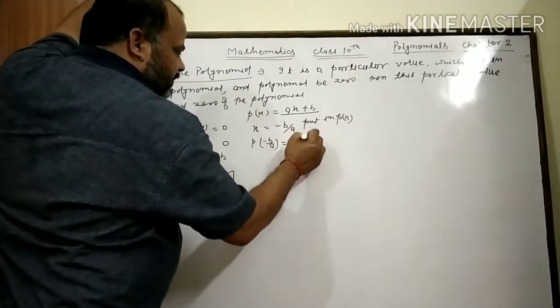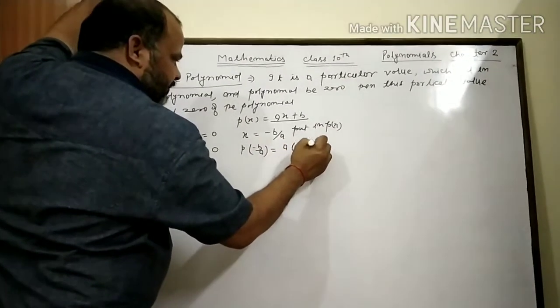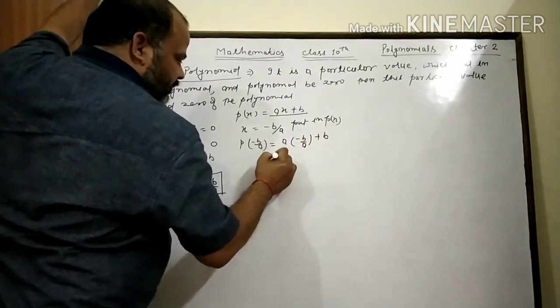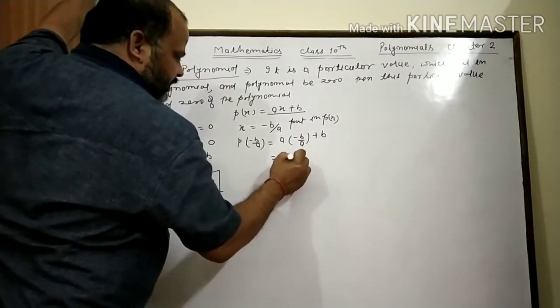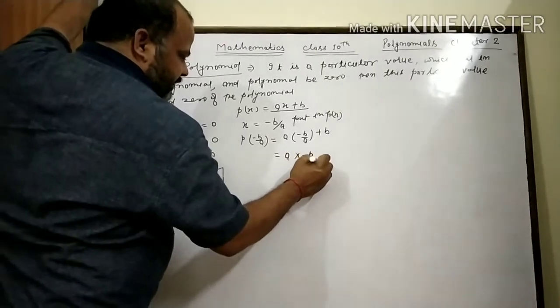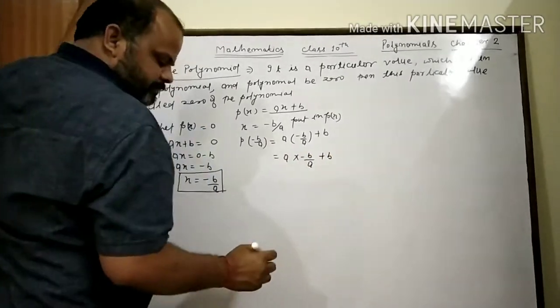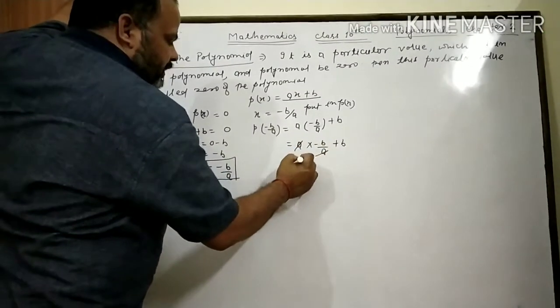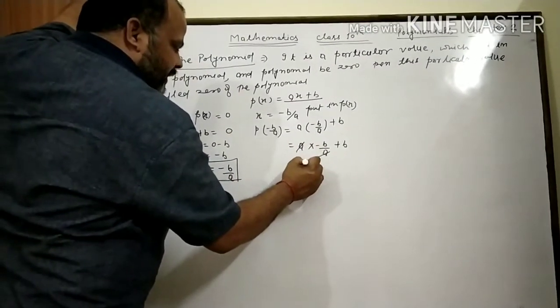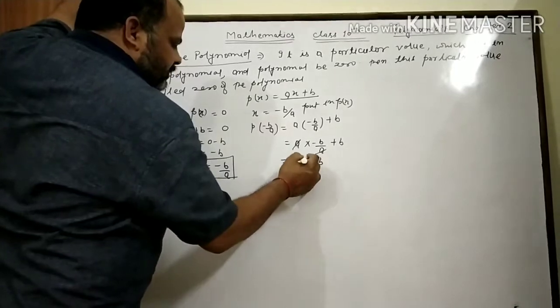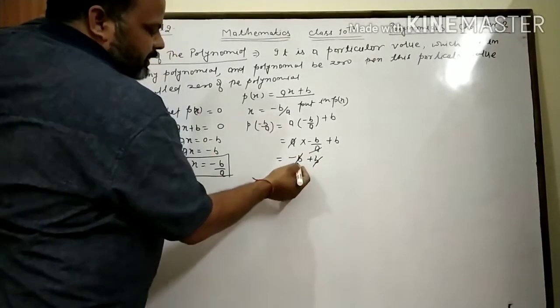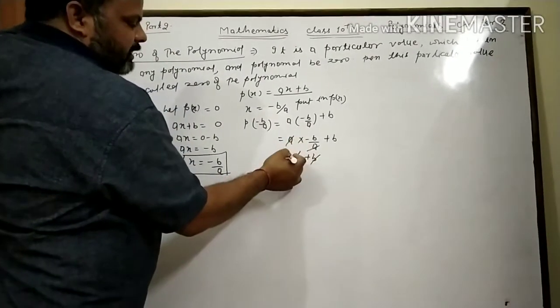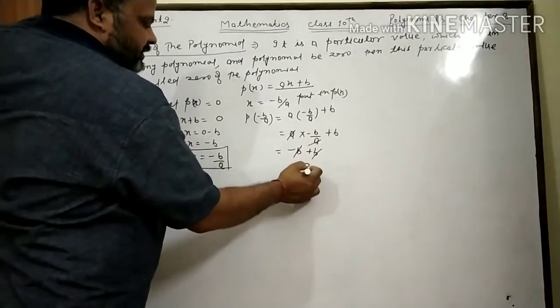Then a into minus b upon a plus b. Here a and a both are cancelled. It is minus b and plus b. Both are like terms with different sign, that's why it is 0.